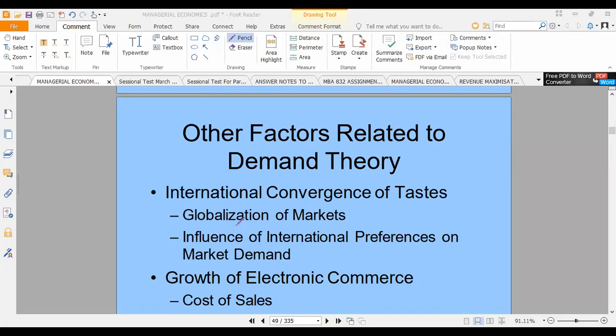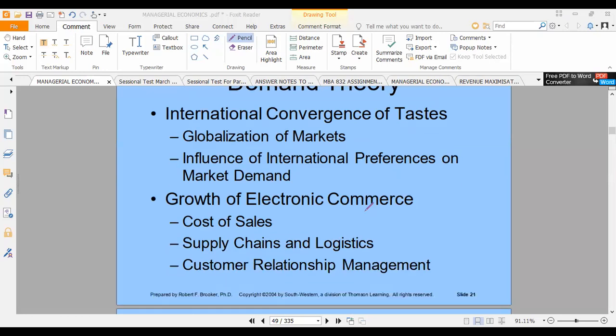There are of course other factors related to demand theory, such as international convergence of tastes. We know how certain products are not compatible with our Zambian system. You're buying commodities that have a certain plugging system, so you may not demand them because they may not be compatible. Other things could be growth of electronic commerce.